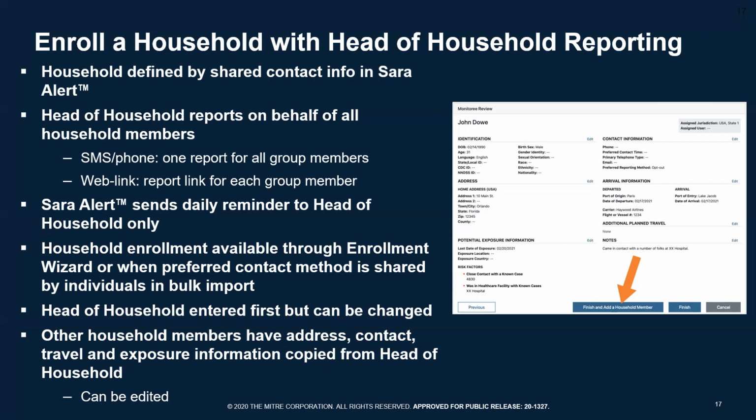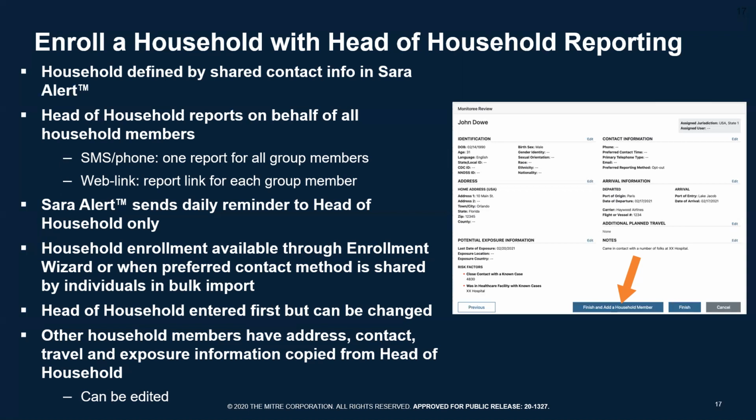Since the web link provides the most detailed information for each household member, use of the web link option is highly recommended. When manually enrolling a household into Sara Alert, the first person you enroll will become the head of household, but this designation can be changed as we will cover shortly.